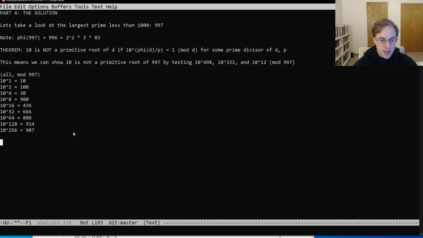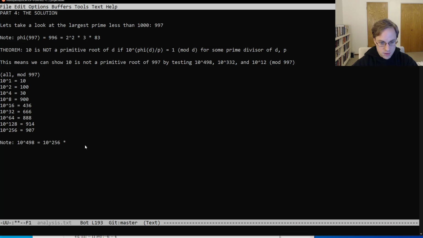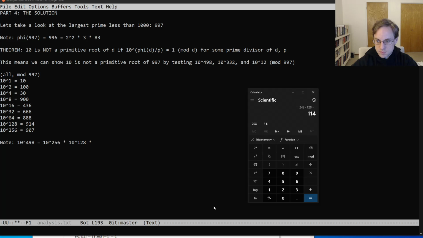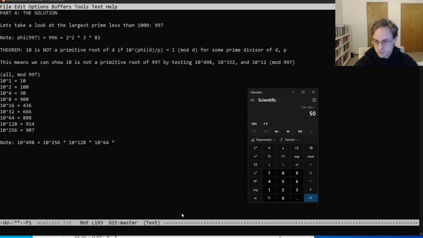And so first we'll say 10 to the 498 is going to be equal to 10 to the 256 times, let's see here, 498 minus 256 minus 128 minus 64 minus 32.